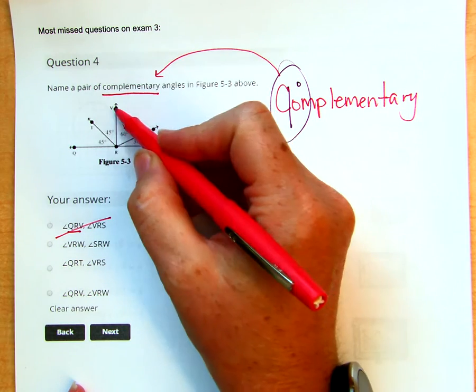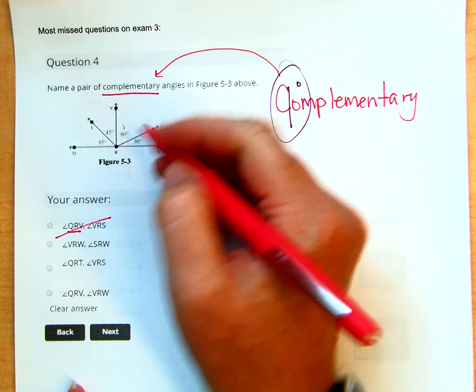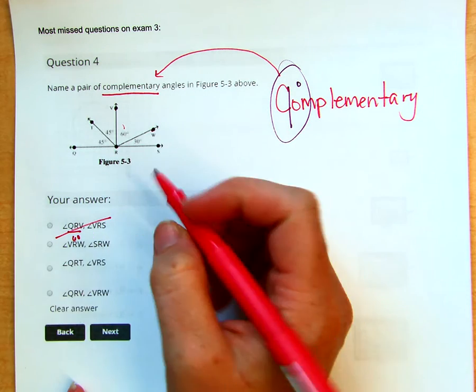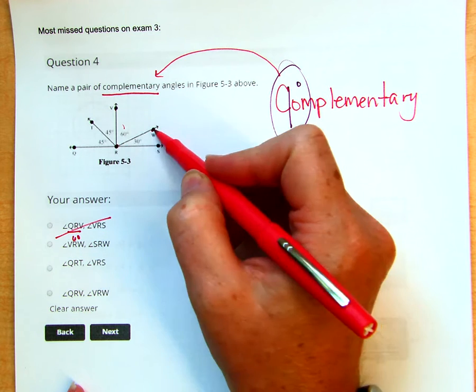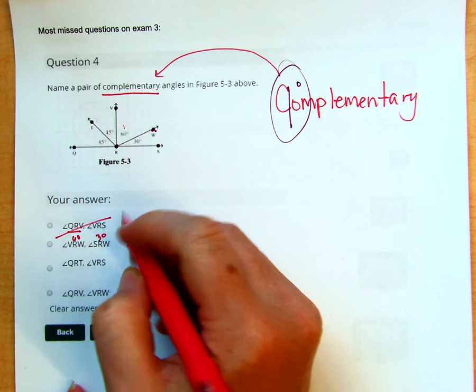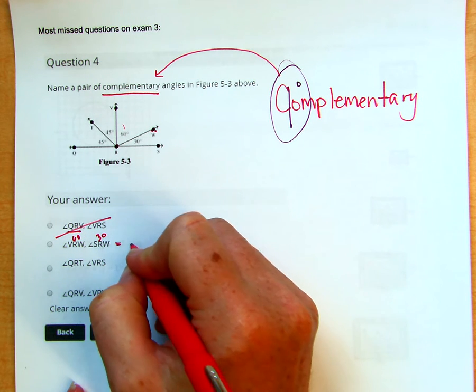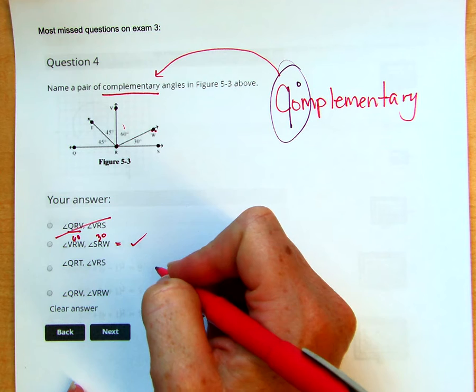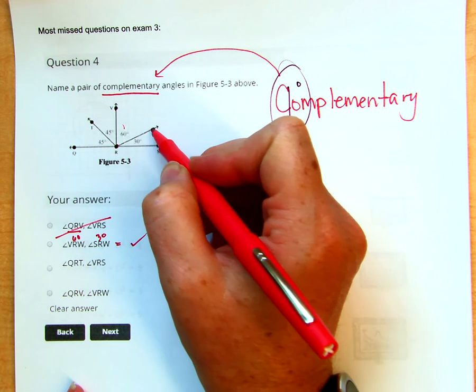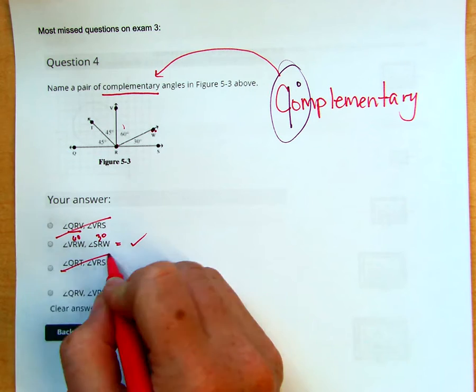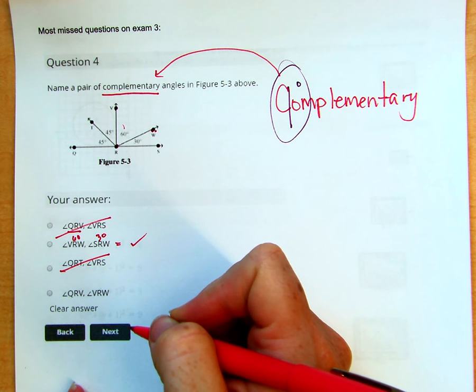VRW is 60. SRW is 30, which when we add gets us 90. QRW is more than 90, so it's out right off the bat.